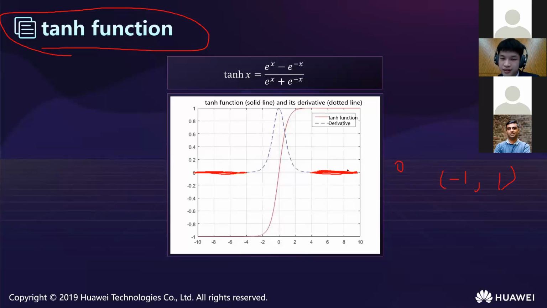Do you agree? That means if one input of the tanh activation function is equal to 100 and another input is equal to 8, of course the 100 is much bigger than the 8, but the output will be similar, close to 1. Do you agree?